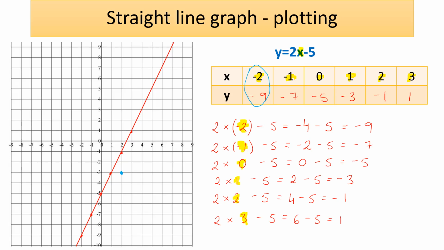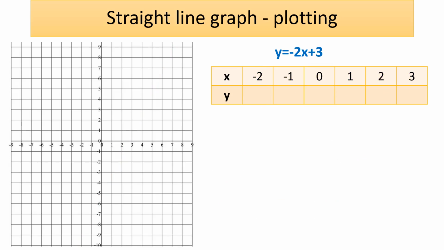So you need to go back and double check your calculations, because this is not a correct point. So when you get a point that doesn't really fit on the line, please don't join it into a wiggly zigzaggy line, because that's probably a mistake.